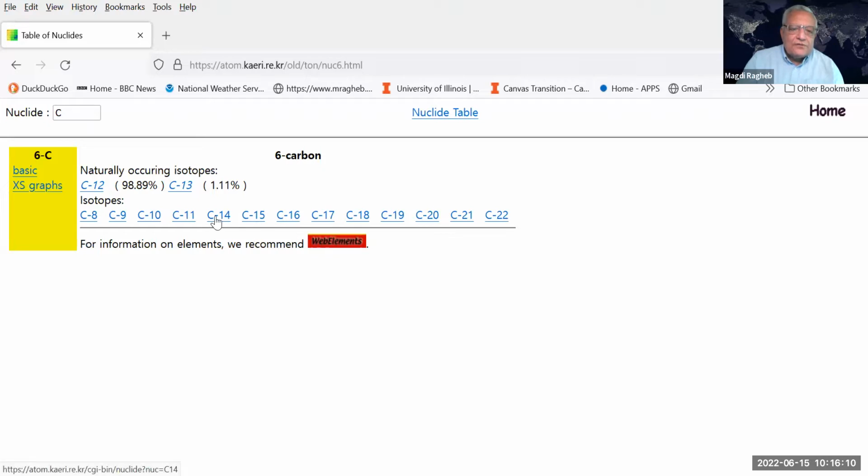In particular, the carbon-14 will be of interest to us because it is used in what's called carbon dating. You can estimate the age of archaeological samples by studying the details of how that carbon-14 decays, and it is formed by the interaction of cosmic rays generating neutrons in the Earth's atmosphere.